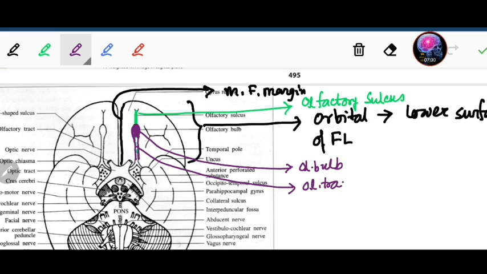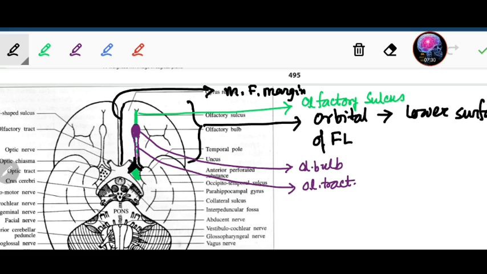The tract reaches the anterior perforated substance and diverges into medial and lateral olfactory striae.